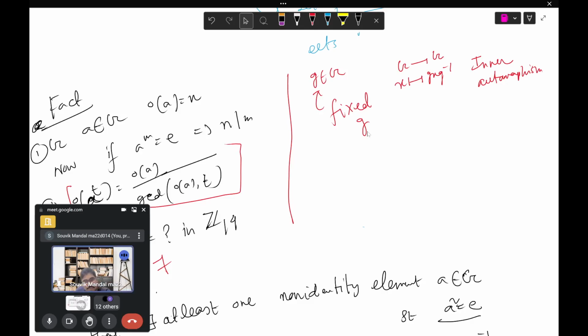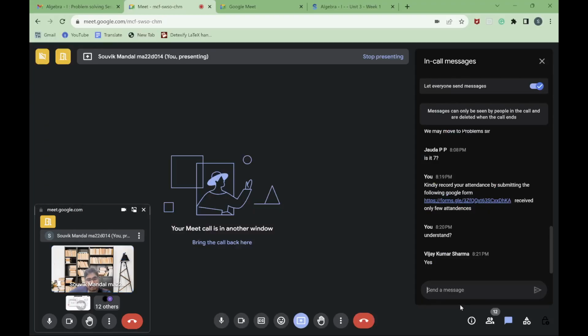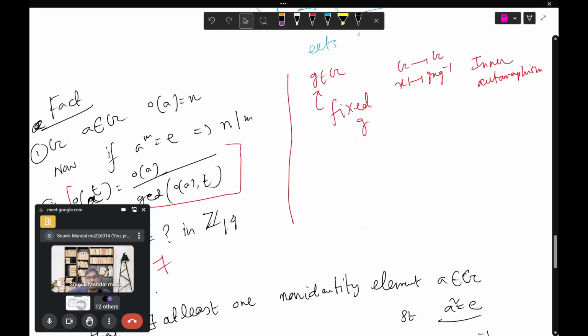Can you please repeat? If we have any other equivalence relation, then can we use that equivalence relation as a group action?